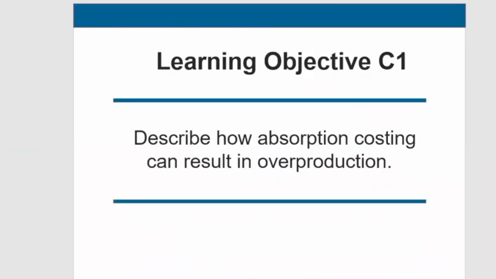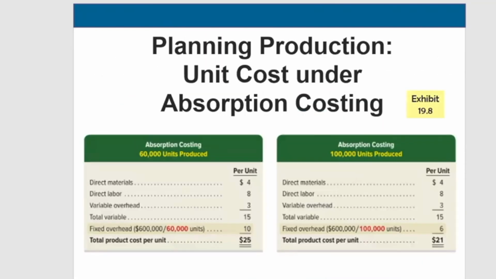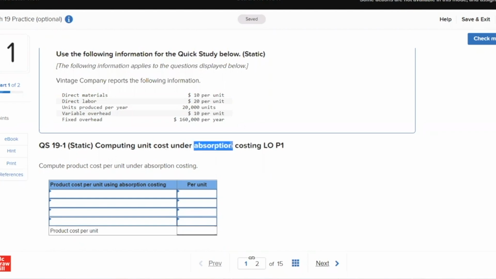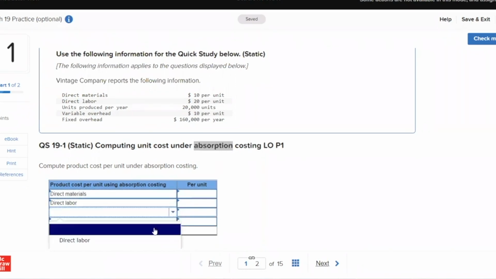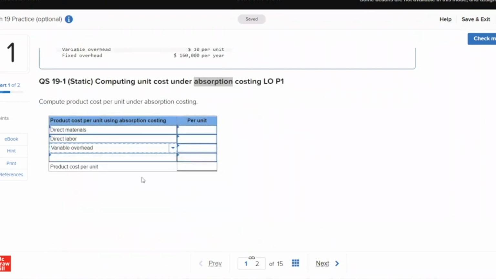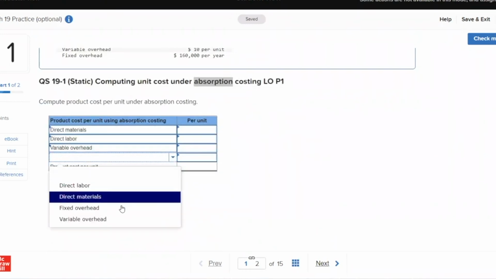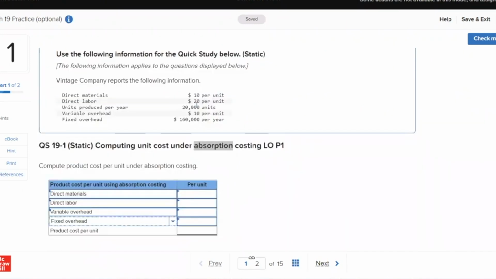I want to do a couple of homework problems. So under absorption, just remember that we do want direct materials, direct labor, the variable overhead and the fixed overhead. You can plug in the numbers, they're right here.